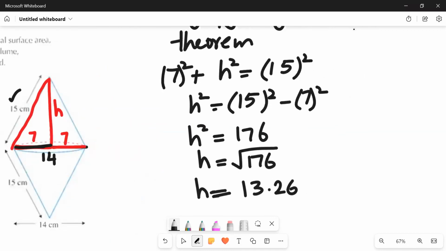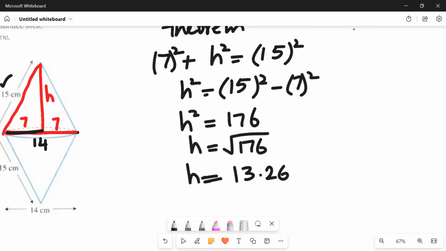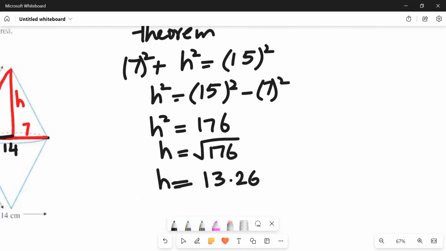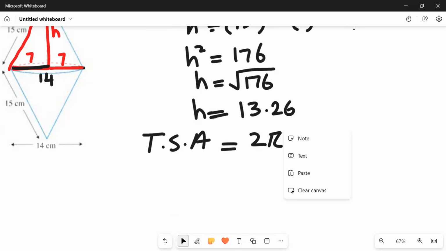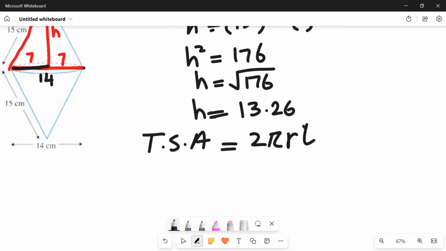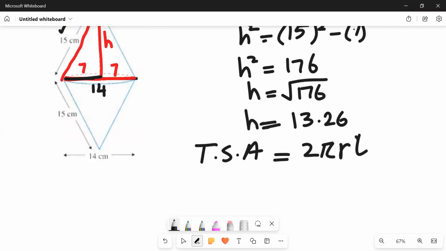Okay, now it's not here. We will not take the base area because this is a solid. So according to the solid, the total surface area is equal to 2 pi r L, because we are not taking the base area now.